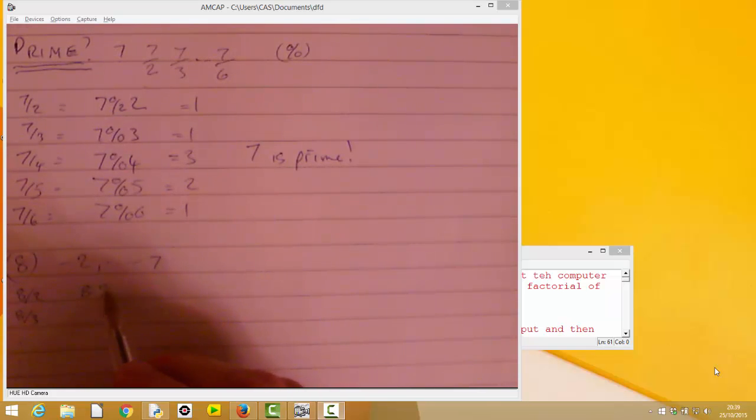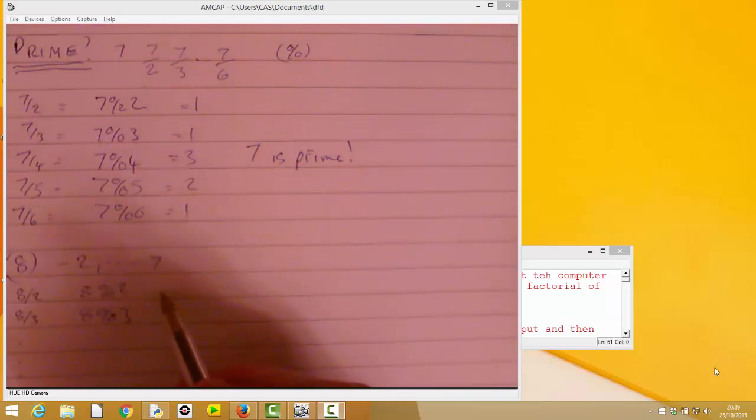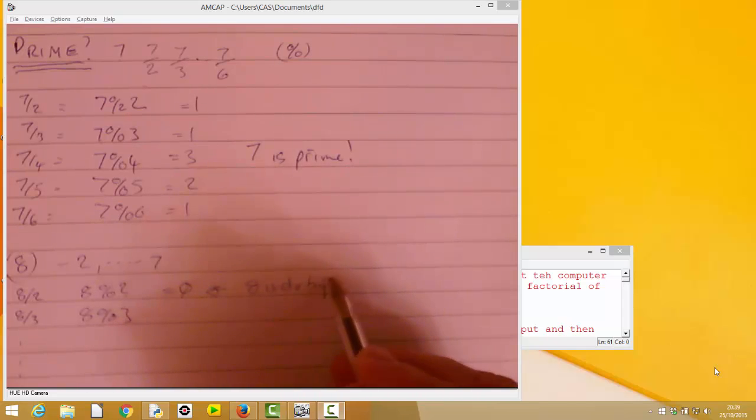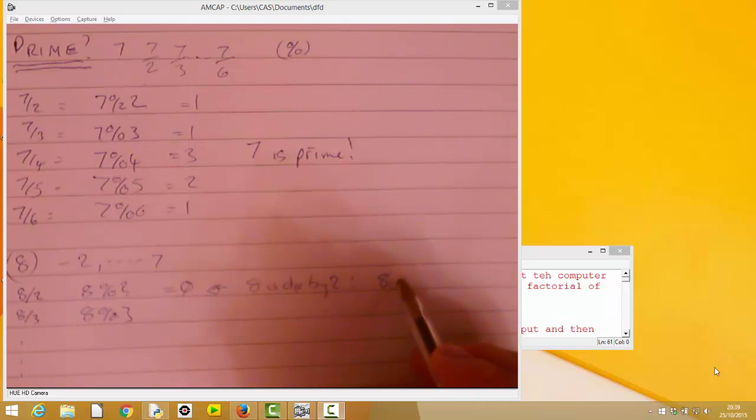Remember, in Python it's a modulus function, so 8 mod 3 and so on. So 8 modulus 2 goes in 4 times, and the remainder is 0. So because we've got a 0, we can say that 8 is divisible by 2. Therefore, we know 8 is not a prime.